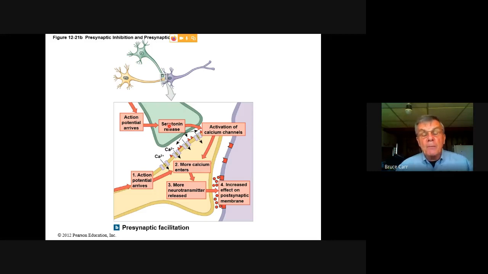In this second example, same diagram and idea. Instead of GABA, we release serotonin. Serotonin activates the calcium channels, so the opposite effect: more calcium, more neurotransmitter, and an increased effect. We would call this presynaptic facilitation.